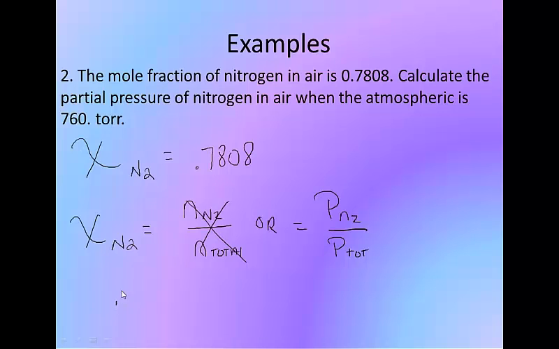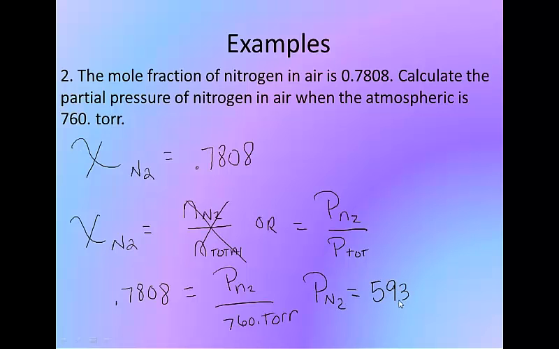So 0.7808 will be equal to the pressure of nitrogen gas, and I wrote it pretty poorly, didn't I, but I don't mind, over 760 torr. So the pressure of the nitrogen gas, that's how it should be written, sorry, is going to be 593 torr. Now let's do a little analysis on this.